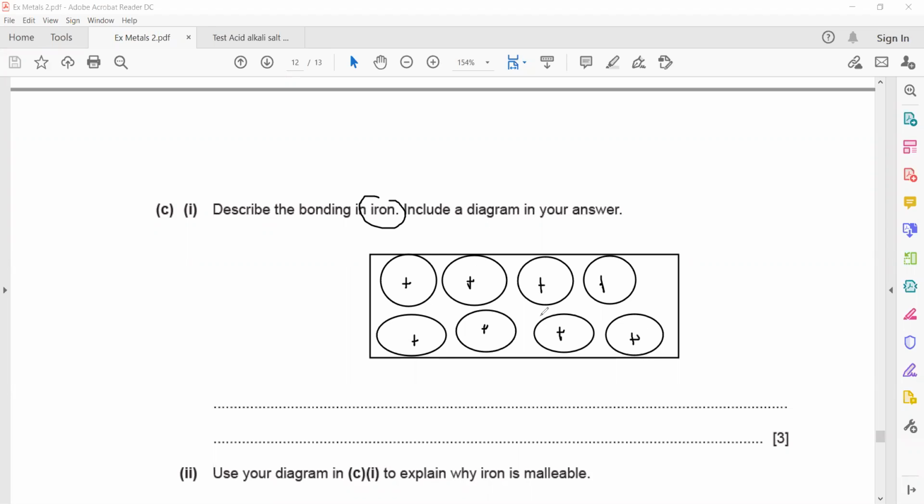So all of these metals have a lattice of positive ions and free electrons, which are held together by strong electrostatic force. So positive ions in a sea of electrons held together by strong electrostatic force.